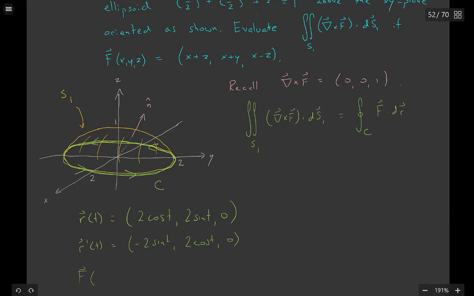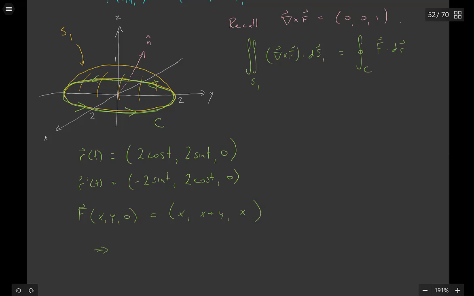And my vector field, when z is equal to 0, is just equal to (x plus y, x, 0). And so plugging in my parameterizations for x and y, I get that f of r of t is equal to (2 cos t plus 2 sin t, 2 cos t, 0).